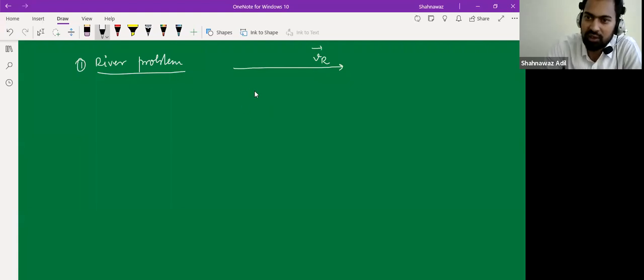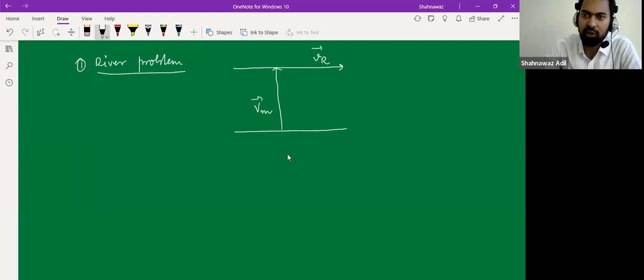And the man is crossing this river like this, and this is the velocity of the man. We have to apply the resultant approach. So we take this river velocity VR, and we calculate the resultant.